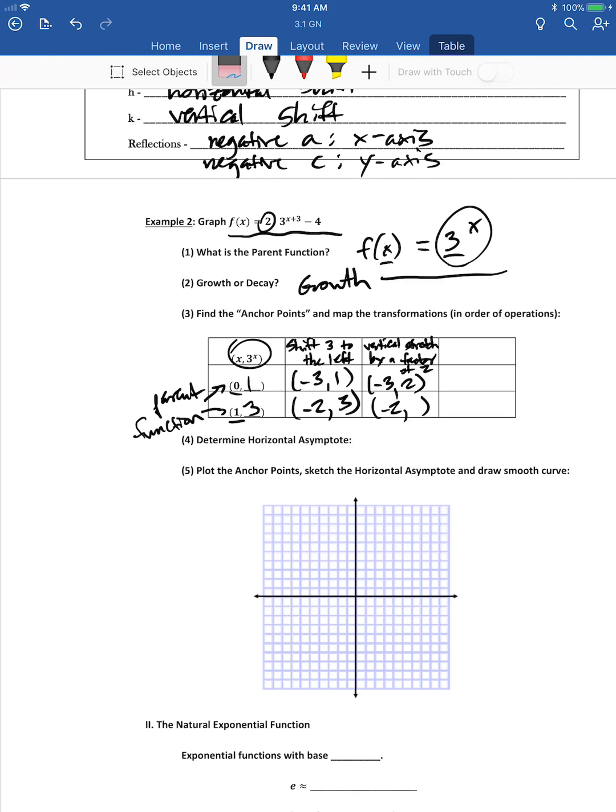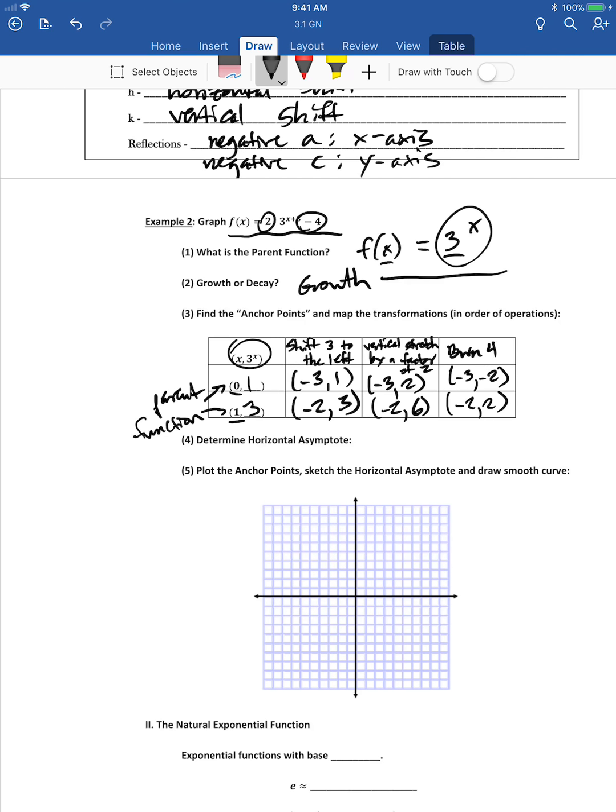It's not a 4. It's a 6. And then, final step, I have minus 4. That's down 4. I subtract 4 from my y values. And that's it. Those are my newly transformed anchor points.